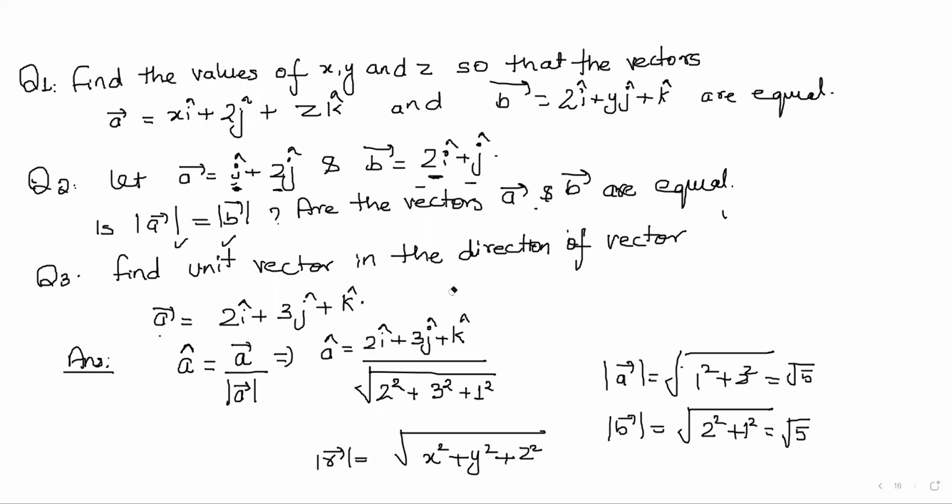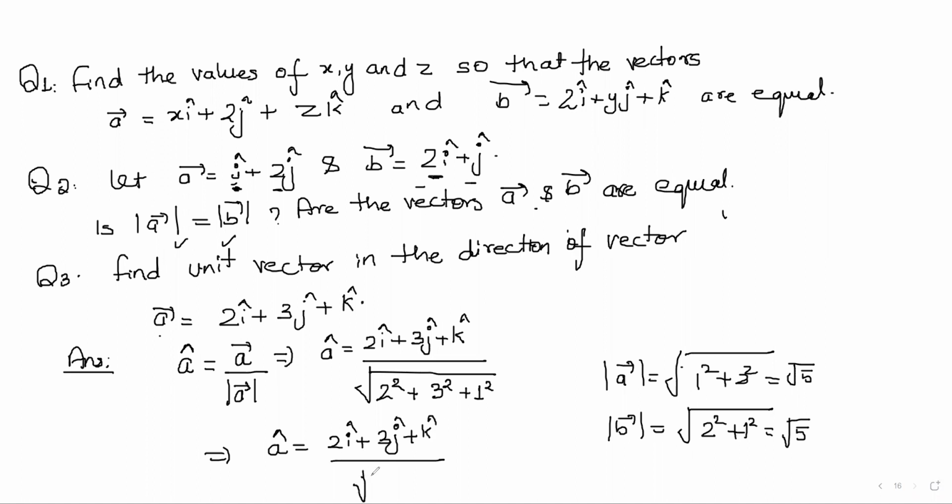So what you will get here is A cap equal to (2i cap plus 3j cap plus k cap) by under root 14. A cap is equal to 2 by root 14 i cap plus 3 by root 14 j cap plus 1 by root 14 k cap.